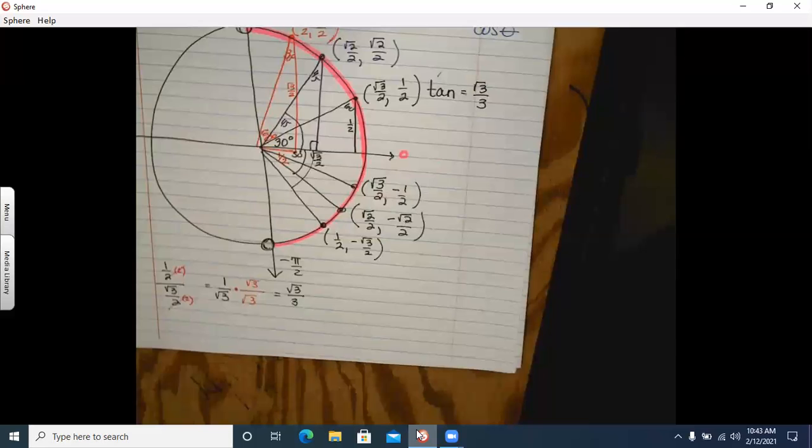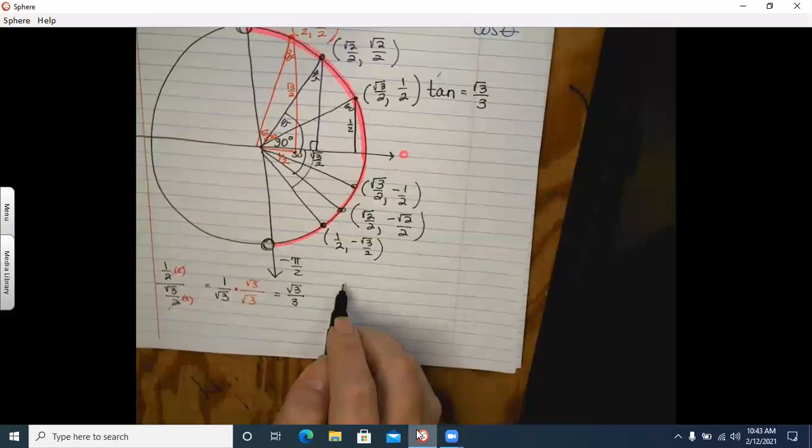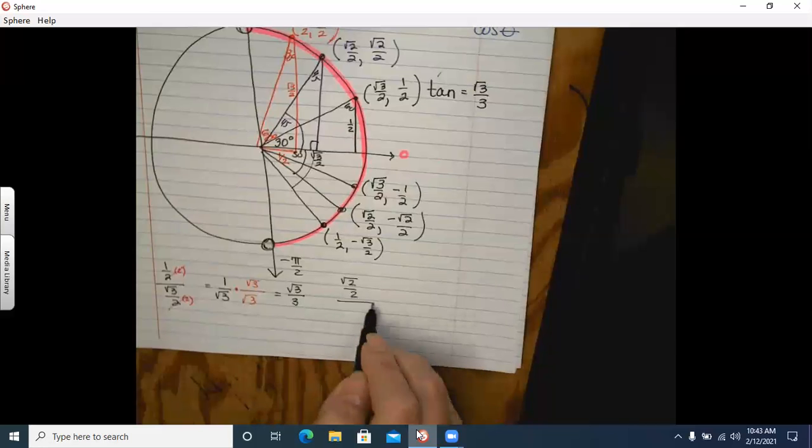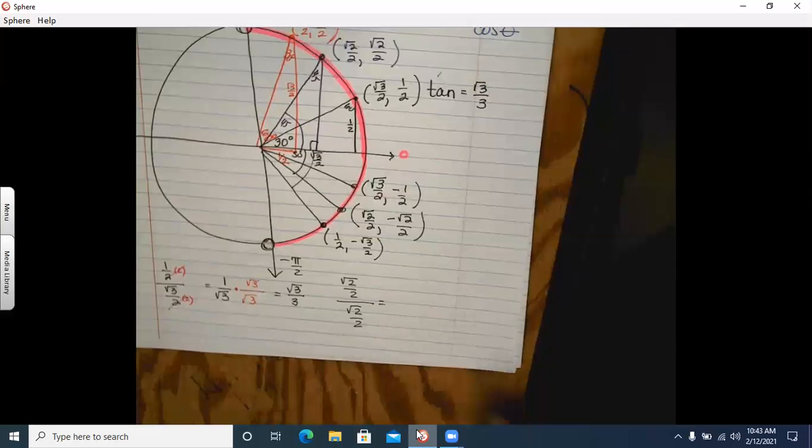All right, let's do 45, 45, 90. So our sine is the square root of 2 divided by 2, divided by the cosine, which is square root of 2 divided by 2. Well, what's the square root of 2 divided by 2 divided by square root of 2 divided by 2? 1. So the tangent of the 45-degree angle is 1.